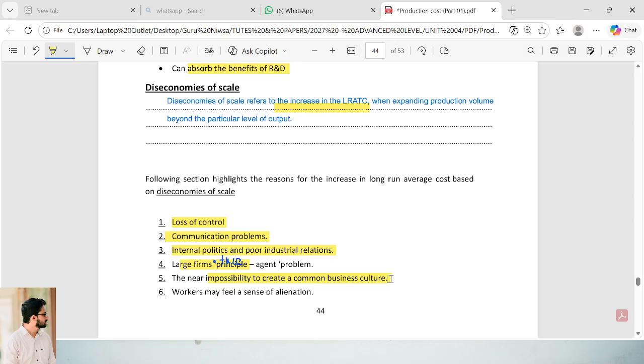Then finally, production might end up with so many inefficiencies. Next, workers may feel a sense of alienation, meaning far away, no close relationship between owner and workers. These are the reasons for diseconomies of scale.